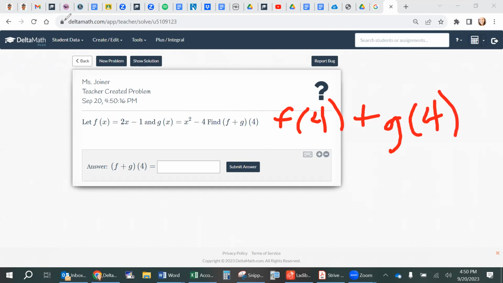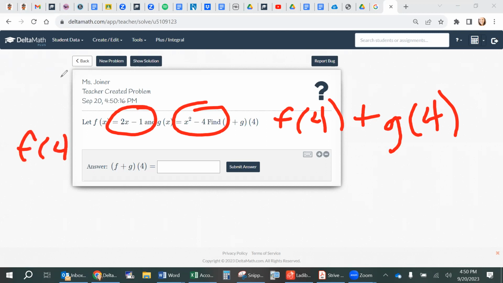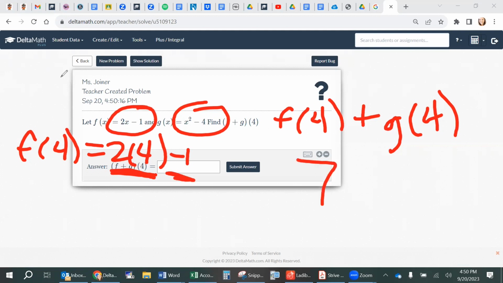And then you're going to take your 4 and plug it into both of these formulas. Okay, so let's do f of 4 first. F of 4 would be 2 times 4 minus 1. And then I would say, okay, well, 2 times 4 is 8. 8 minus 1 would be 7.